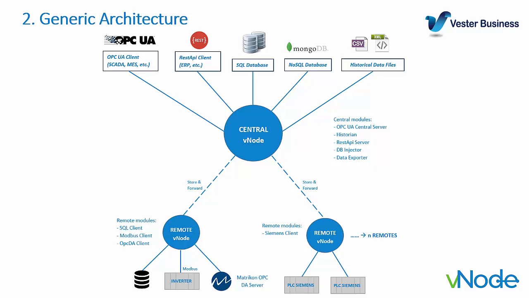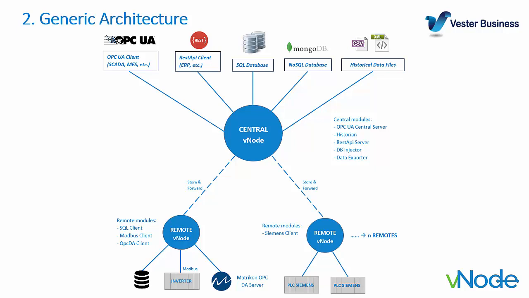On the right side we have just one module collecting data from Siemens PLCs, and all these remote vNodes are linked to a central vNode, which collects the data from all the remote vNodes, supporting, of course, store and forward.